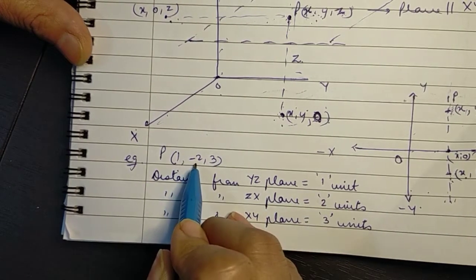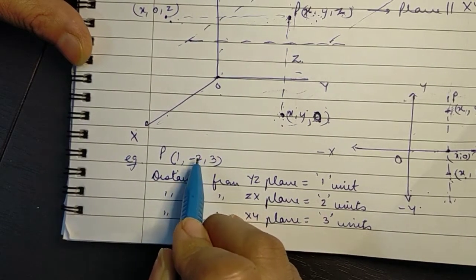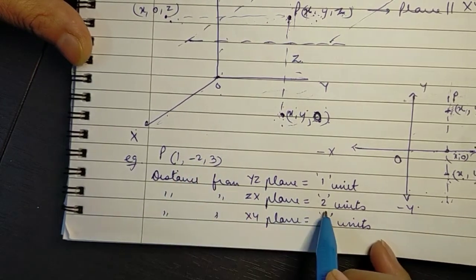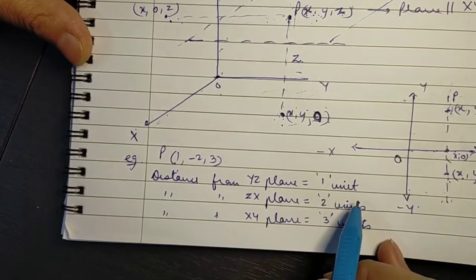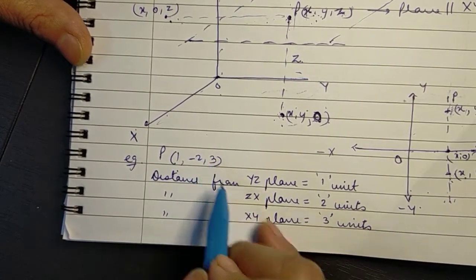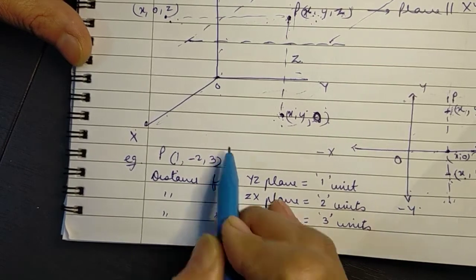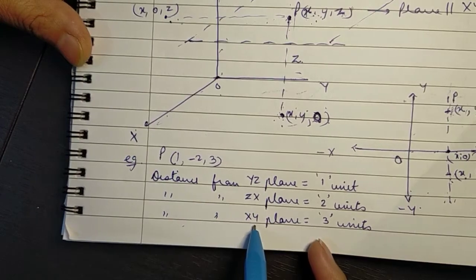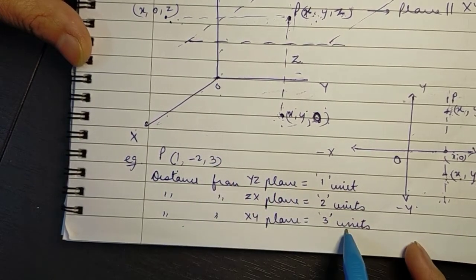The distance from the zx plane is given by the y coordinate, but the y coordinate is negative, so the distance would be taken as only 2 units, not minus 2 units. Same way, the z coordinate gives us the distance from the xy plane, and so the distance of P from the xy plane is 3 units.